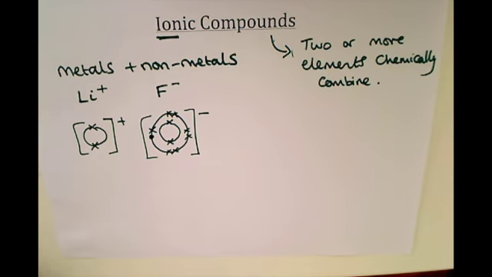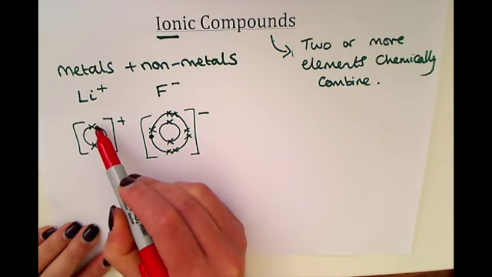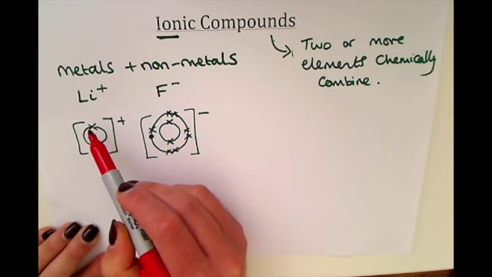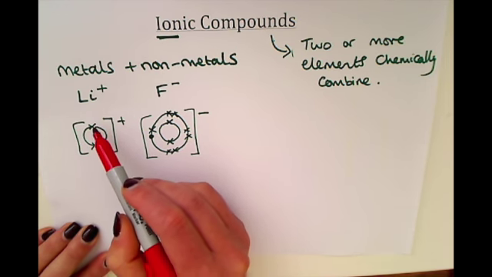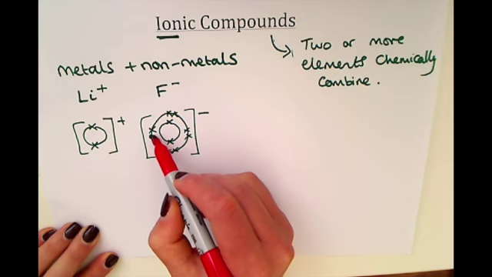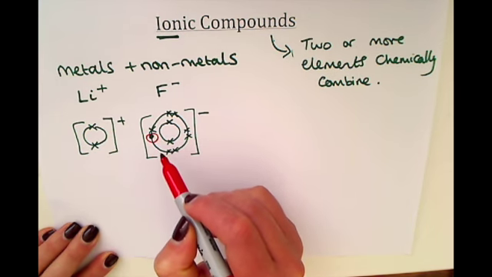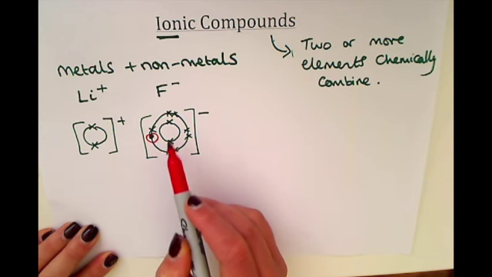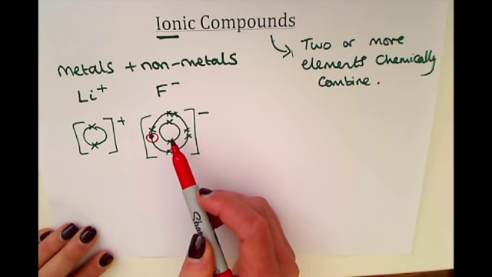And now this makes a little bit more sense when you draw them both together, because it shows where the electron from the lithium ion has gone. So there used to be an outer energy shell on this lithium with an electron in the outer shell, but this electron has been transferred to the fluorine atom to make it a fluoride ion.